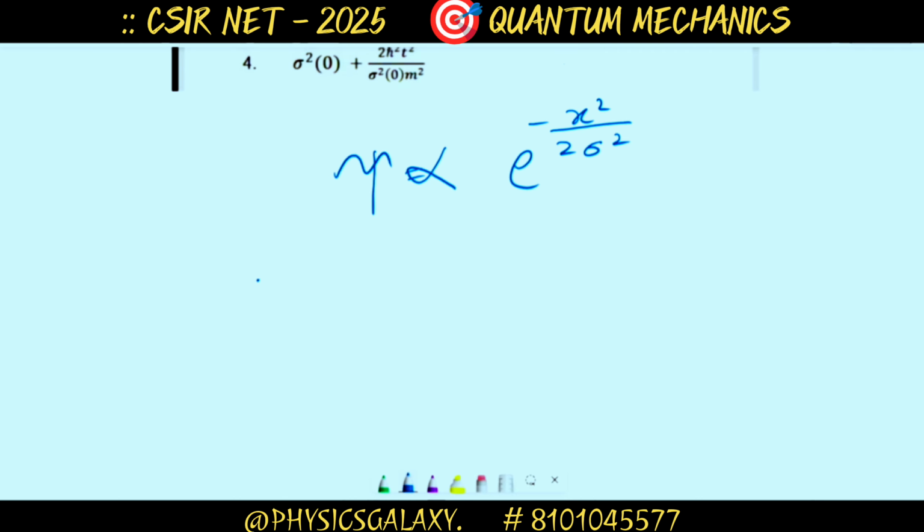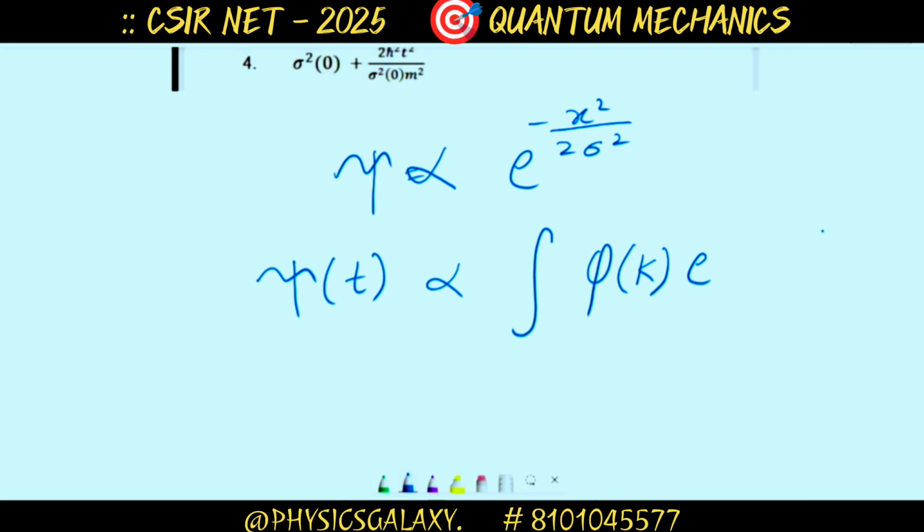Now we know psi at any time t will be proportional to the integral of phi, the state function in the k space, multiplied by e to the power iota kx minus h cut k square t by 2m, dk.